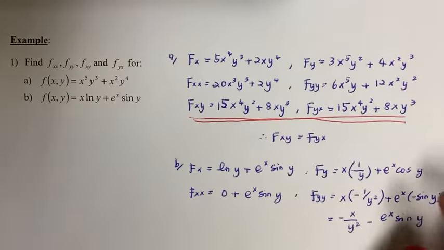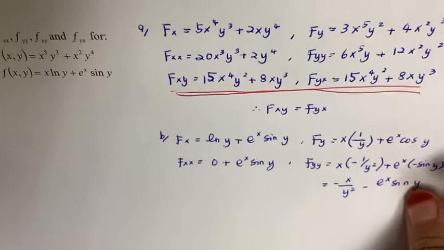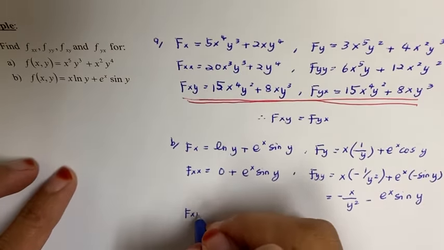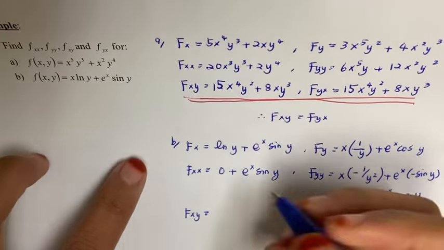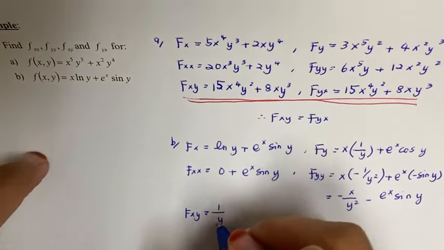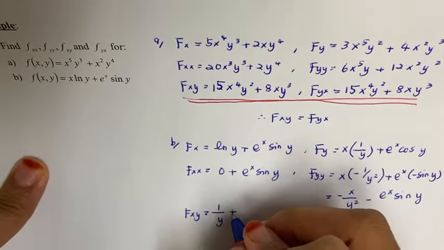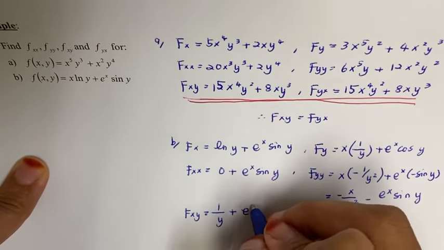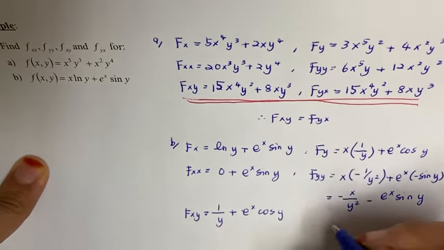Okay, so the last thing is to find fxy. So fxy here, differentiate ln y, we have 1 over y, plus differentiate sine y, we have cos y. So exponent x cos y.